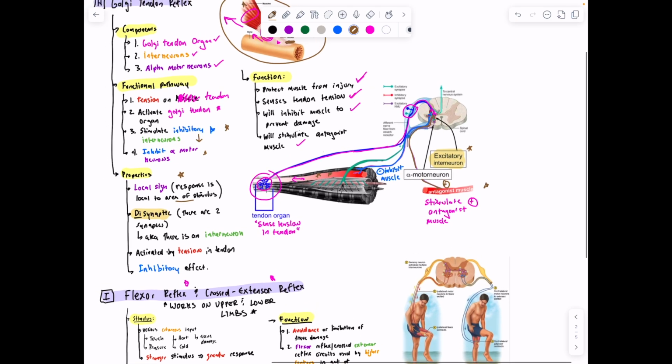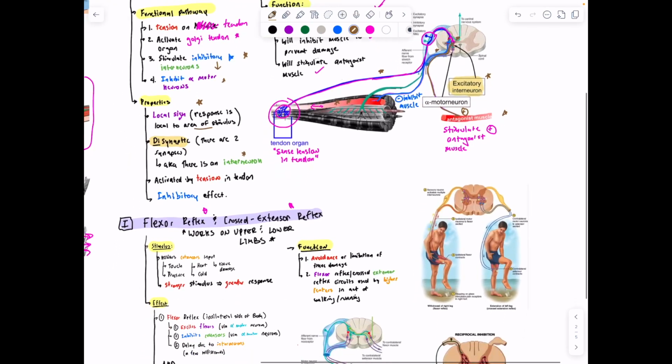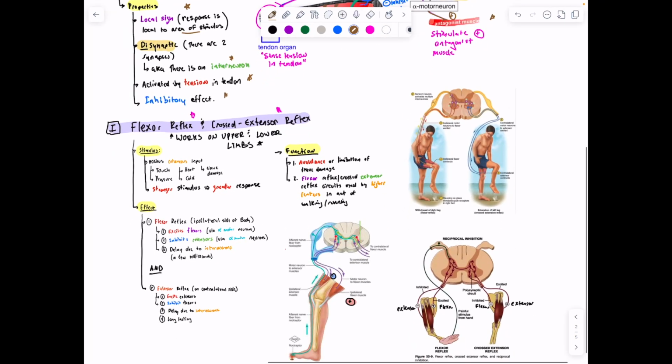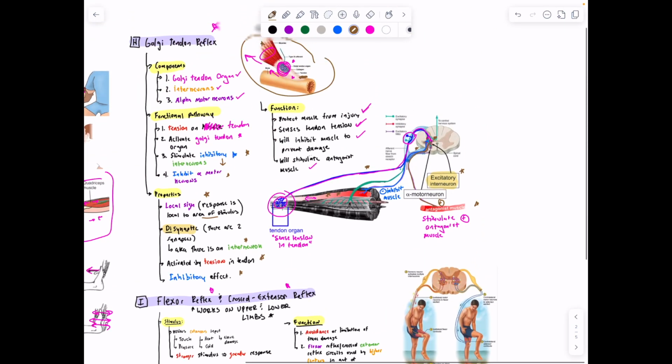I believe it's the only one in general. But this one is disynaptic because you have an interneuron. So we have the Golgi tendon neuron, then it goes to the interneurons, and then from there to the alpha motor neurons. And then it's activated by tension in the tendon and has an inhibitory effect. All right, so that's the Golgi tendon reflex.